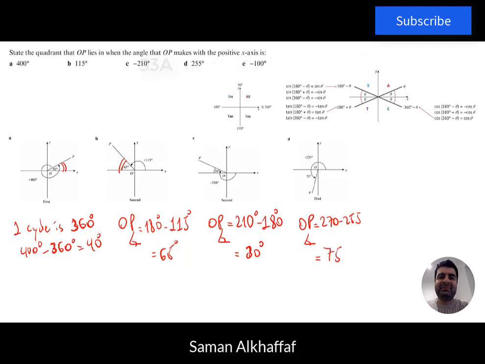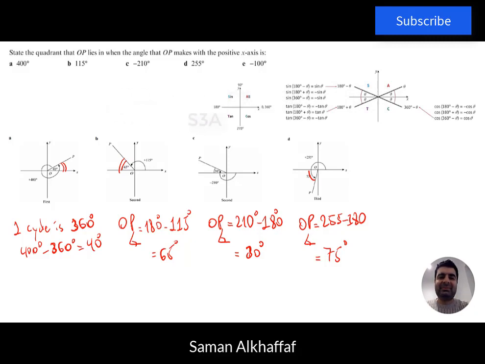Alternatively, it will be 255 take away 180, so that would give us the 75 degrees angle for OP with the x-axis, which is this one here.